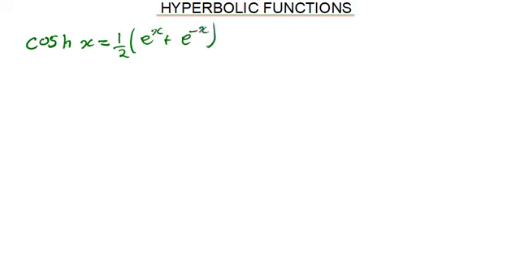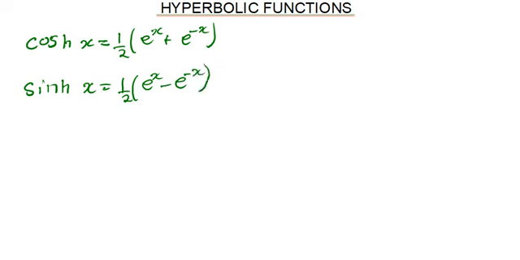Then the hyperbolic sine of x is equal to 1 over 2 times, instead of a plus, e to the x minus e to the minus x.